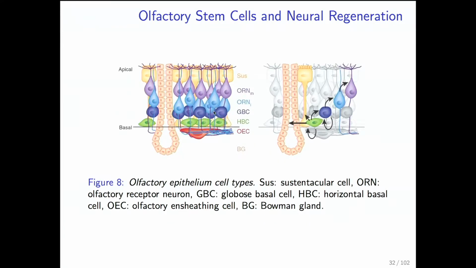These are the different cell types of the epithelium. We have HBCs here in green, GBCs, globose basal cells, in blue, then olfactory receptor neurons, sustentacular cells. And we're interested in studying how these horizontal basal cells can self-renew or differentiate into sustentacular cells or neurons.